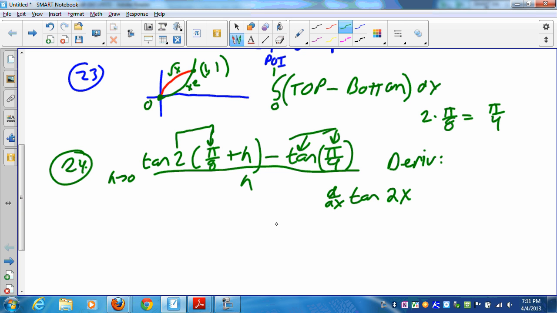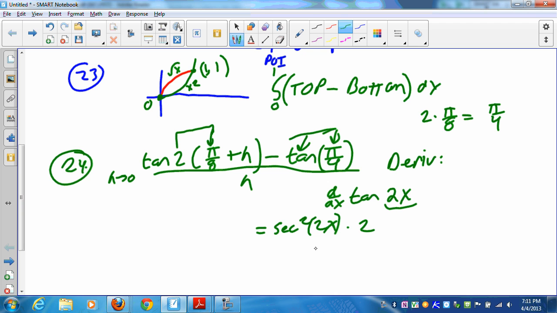Well, the derivative of tangent is secant squared 2x, but then you have to multiply it by the angle, or the inside part, which is just 2, not 2x, times 2. And remember, this is the angle, right? So, and where are we going to evaluate it at? At pi over 4.